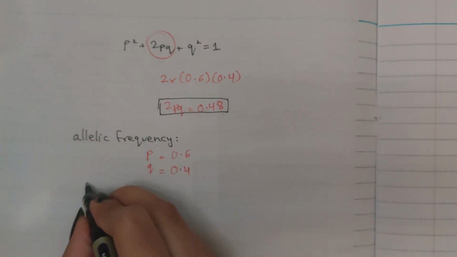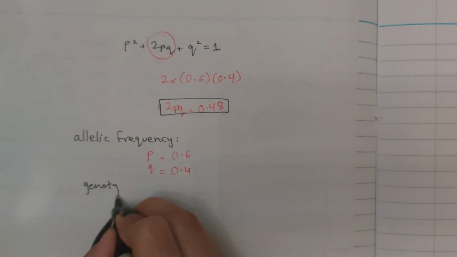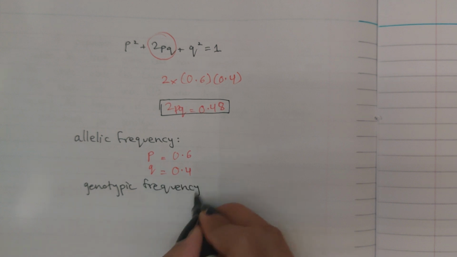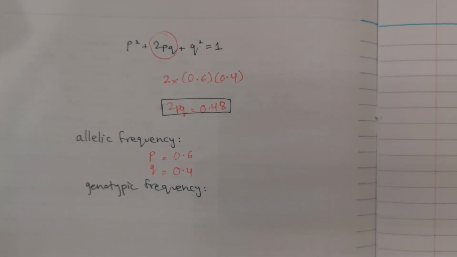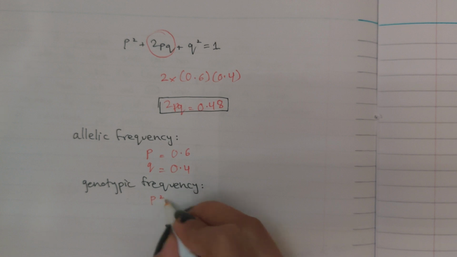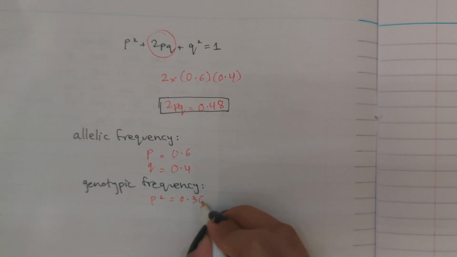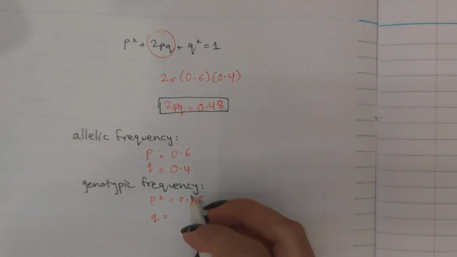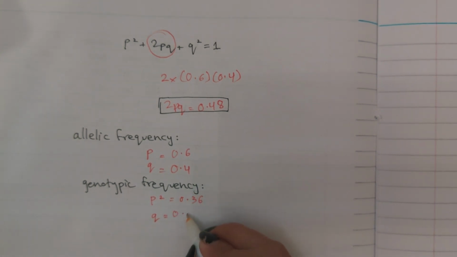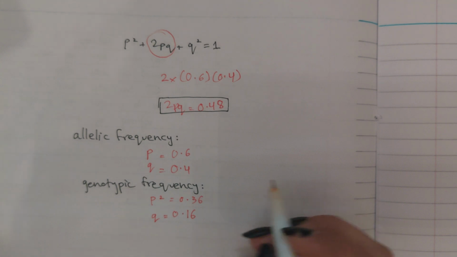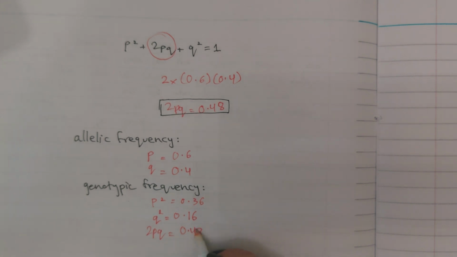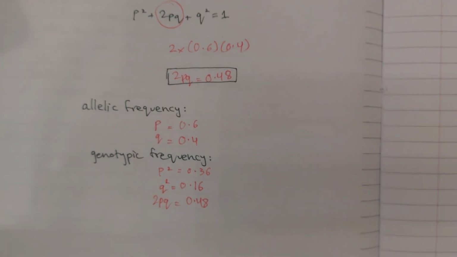And the genotypic frequency: p square was 0.36, q square was 0.16, and 2pq is 0.48.